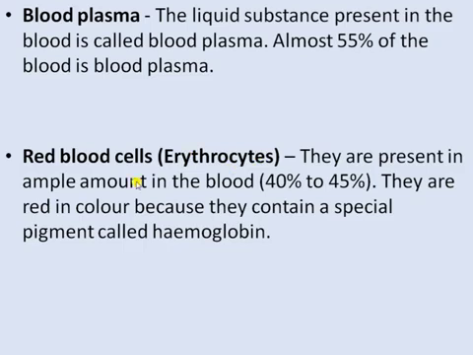They are present in ample amount in the blood, that is 40 to 45%, and they are red in color because they contain a special pigment called hemoglobin. Okay, they contain the special pigment called hemoglobin that is present in the red blood cells.